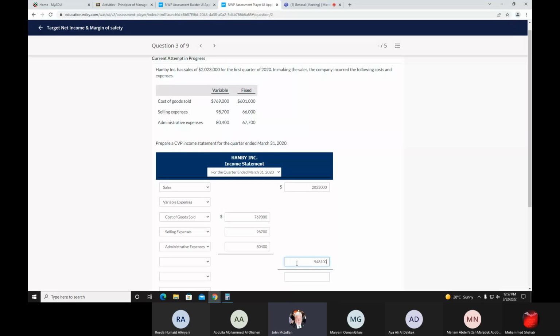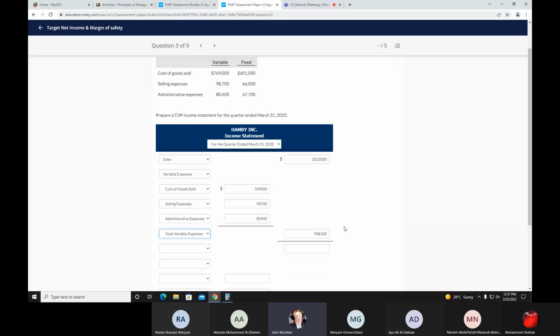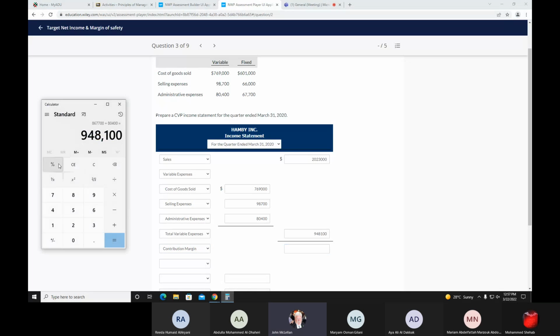Module 4. Okay, good. You got the contribution margin. Remember, sales minus variable costs.